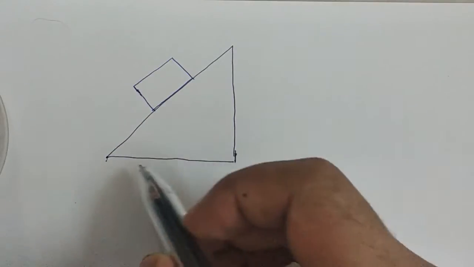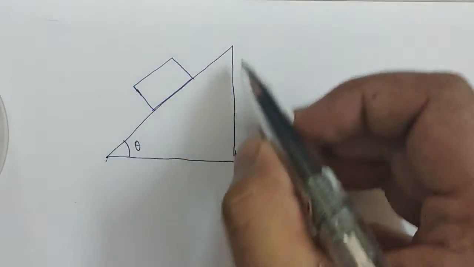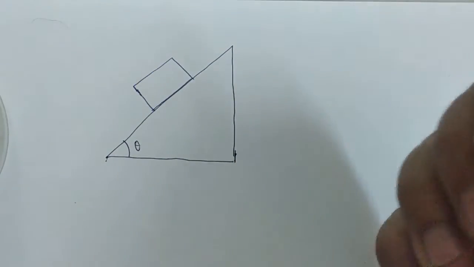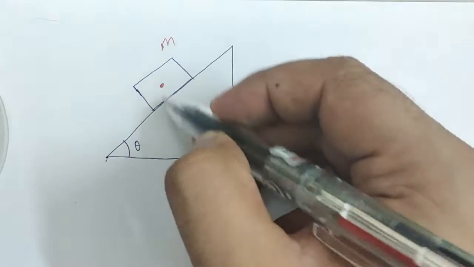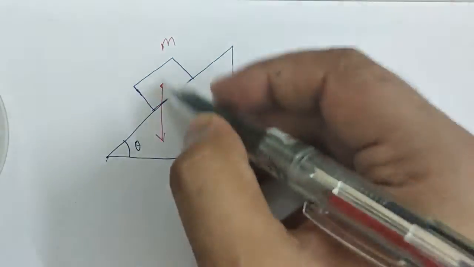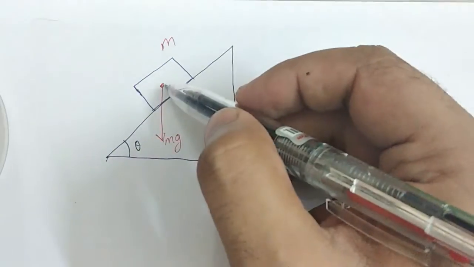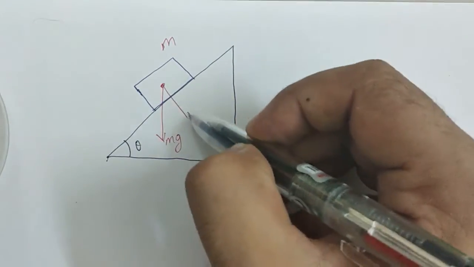Now let us investigate this case. We have an inclined plane at an angle of theta, and on the surface of this inclined plane a block is resting. Let the mass of this block be m. We know that the weight of this block acts in this direction, that is mg. This is a force acting in this direction due to gravity, and it can be resolved into two components.